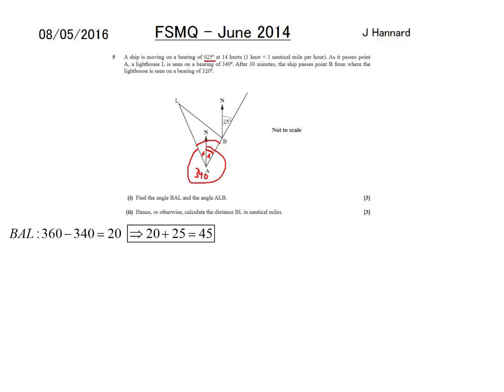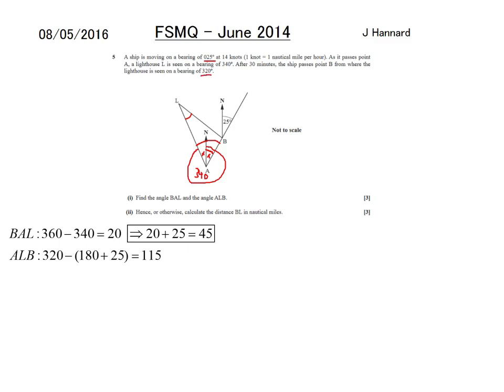So the whole angle BAL is 45, because 20 add 25 is 45. Right then, and now we want the angle ALB. So if we start at A, we go to L and B, so that is that angle here. So ALB must be 320 minus 180 plus 25. Now the way I got that is by reading the next bit.